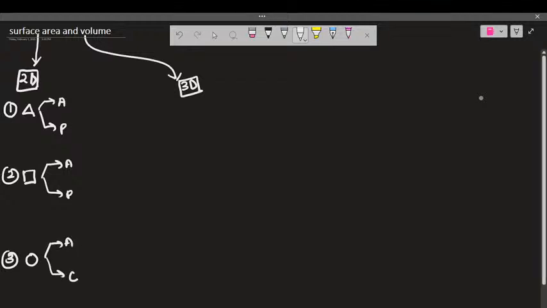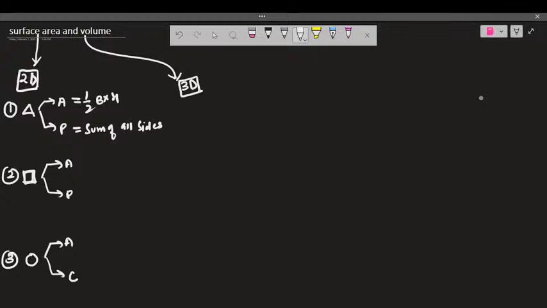Generally, for triangle, area is half base into height. Perimeter is simply sum of all sides. In case of quadrilateral, we can determine area and perimeter, but what quadrilateral it is, it depends. If it is parallelogram, then area is going to be simply base into height.